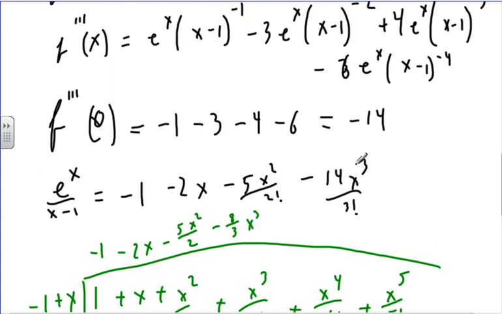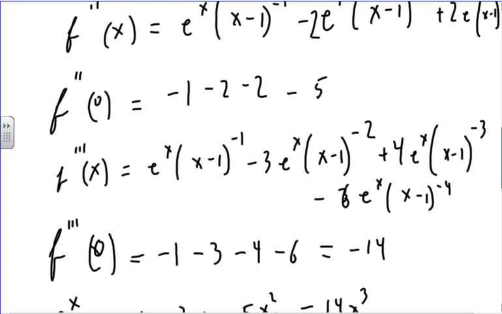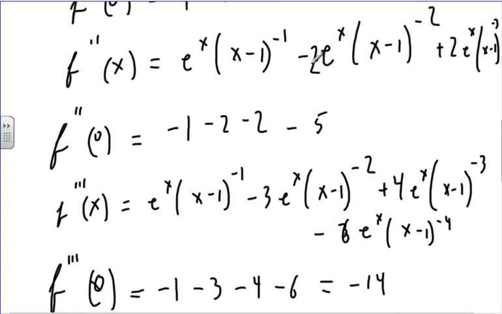Okay, now I look up here, and I'm taking the derivative of this guy. So I get minus 1 of this guy, giving me minus 3. I get a plus 4 with that guy sitting with the cubed.